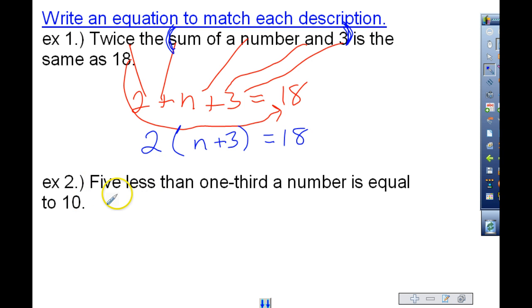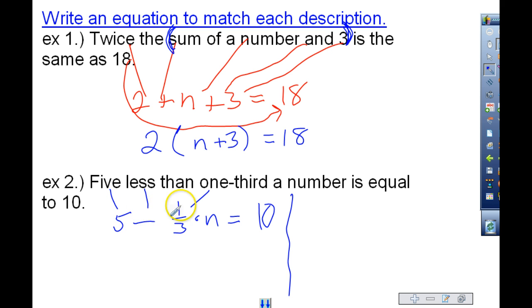Same thing here. We cannot just go 5 less 1/3 a number is 10. This is incorrect. What is wrong with this? Well, there's no sum of or difference of, so no parentheses here.